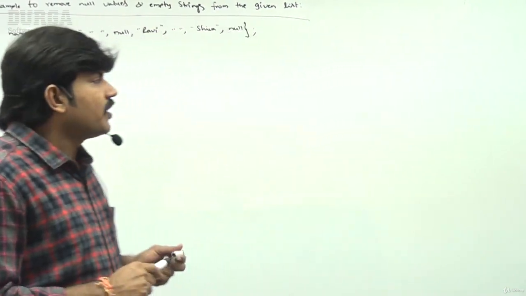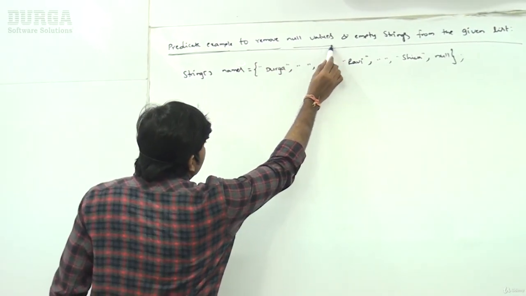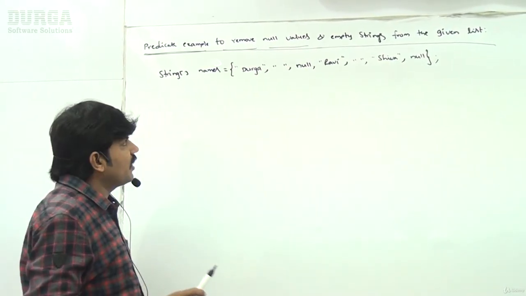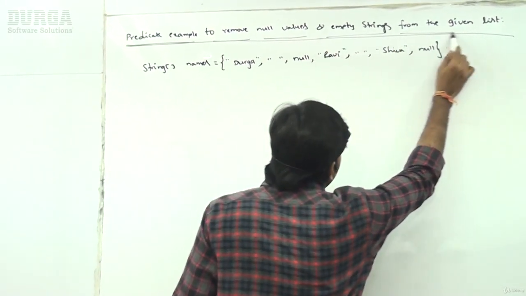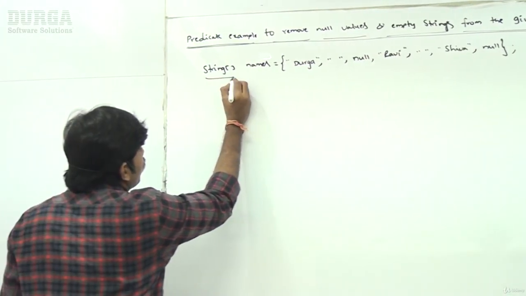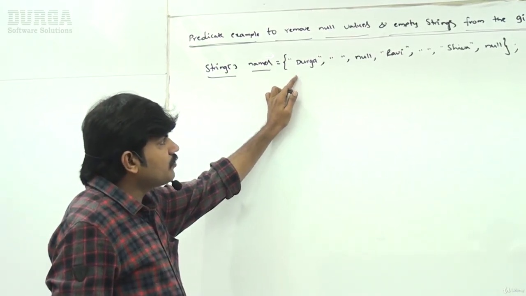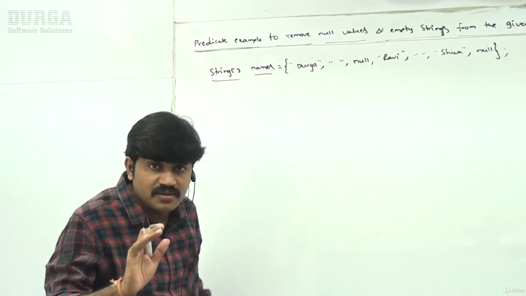Just observe what our program is. Predicate example: I want to remove null values and empty strings from the given list. Assume that this is my input array. String array names is equal to, have you observed there are multiple values in this string array?